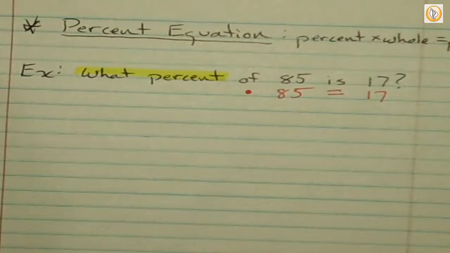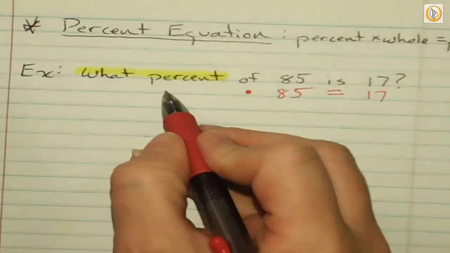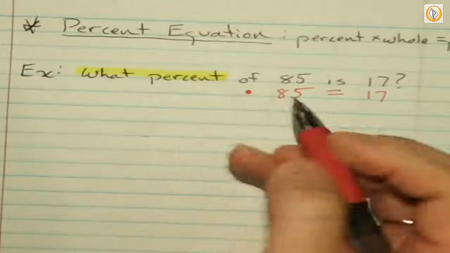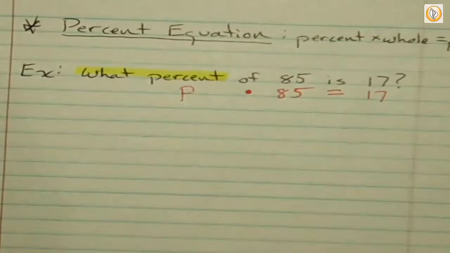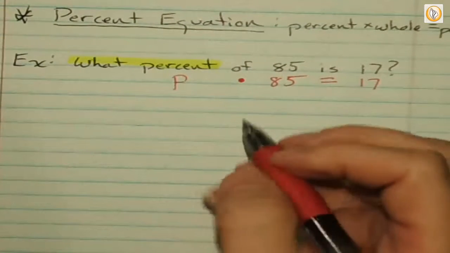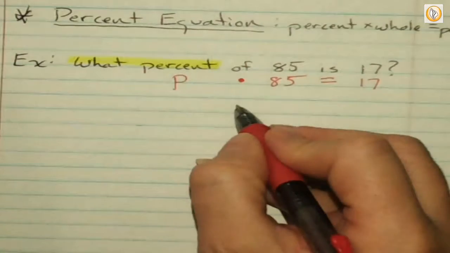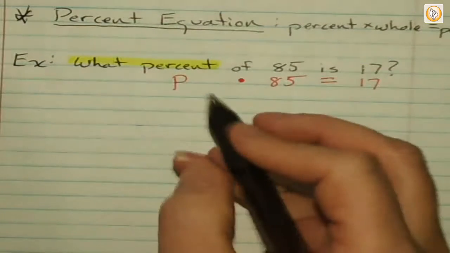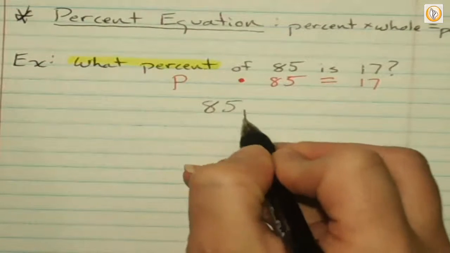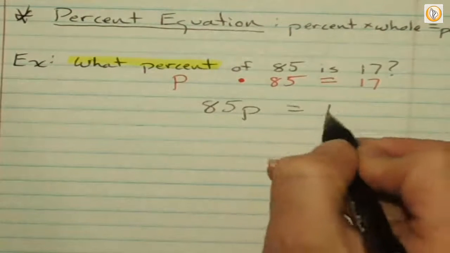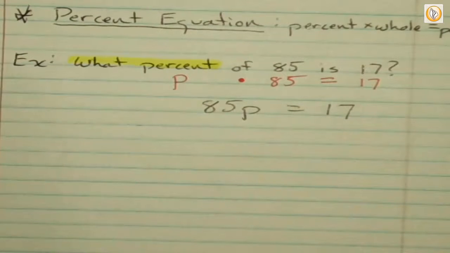So then what do I call this, Chap? P. Okay, he wants to call it P. So let's see. Matthew, what is P times 85? 85P equals 17. Now what am I doing, Valeria?